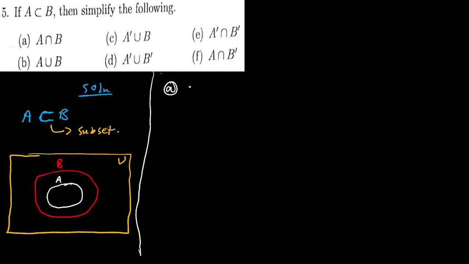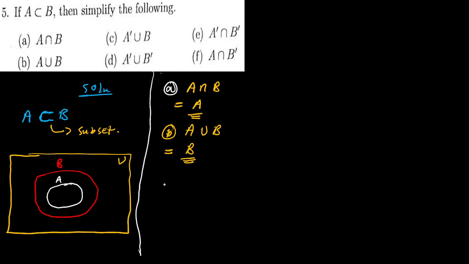For this one, it is A intersection B. If you look at A intersection B, the answer is simply A, since A is a subset of set B. A is inside B, so the answer is just A. So let me do B, which is A union B. A union B, you're going to understand that the answer is just B. So if you look at this Venn diagram, it has almost illustrated everything. It's very easy for you to do it.